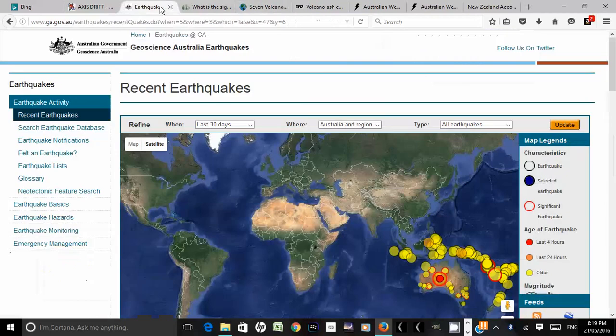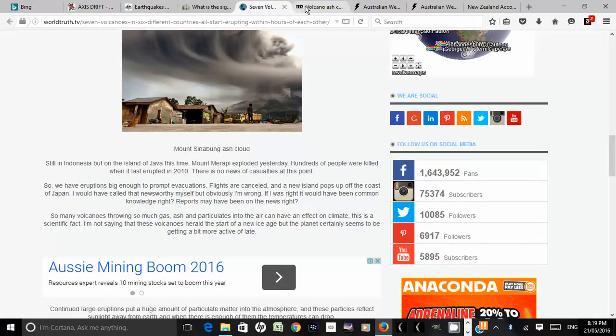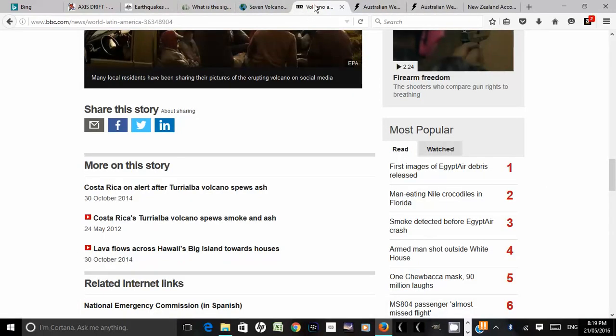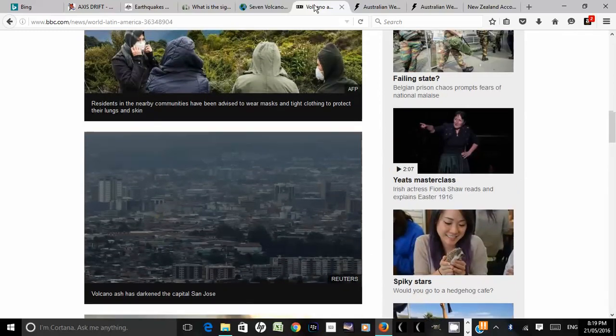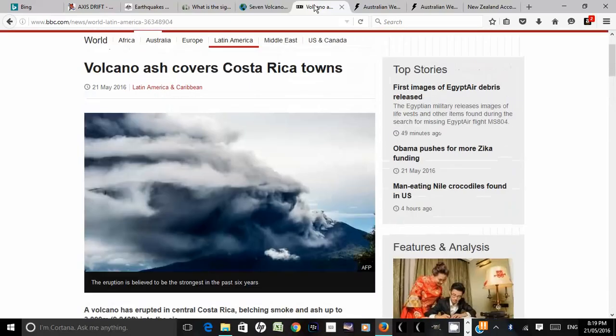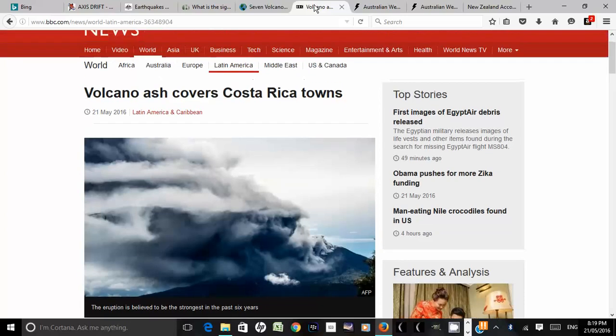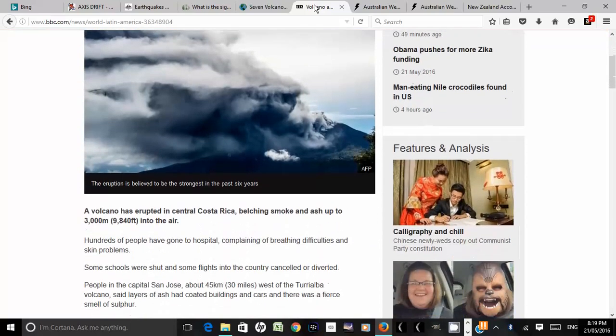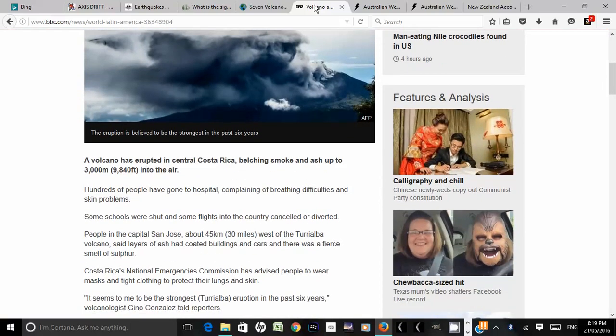Remember that? Look at that. Now we've got all these volcanoes going off. And then, lo and behold, Costa Rica volcano exploded this morning, belching ash up to 3,000 meters into the air.